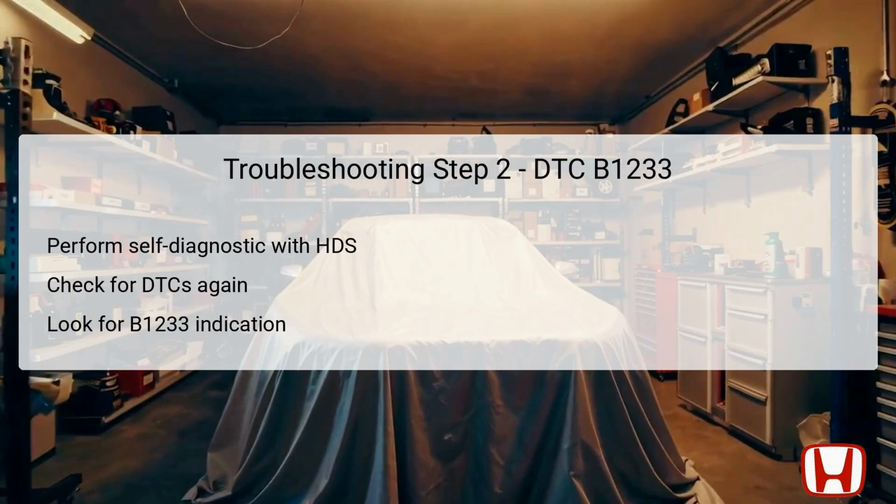The second step is to perform a self-diagnostic function using the HDS or via the climate control unit itself. This step allows for the detection of any existing errors within the climate control system, including the air mix control motor circuit. Once the self-diagnostic function is initiated, the HDS or climate control unit will check for the presence of DTCs, including B1233.